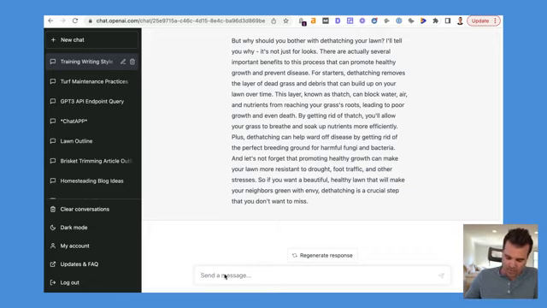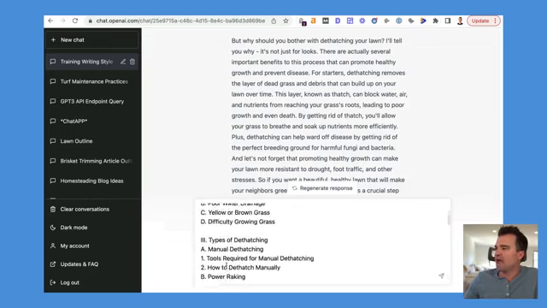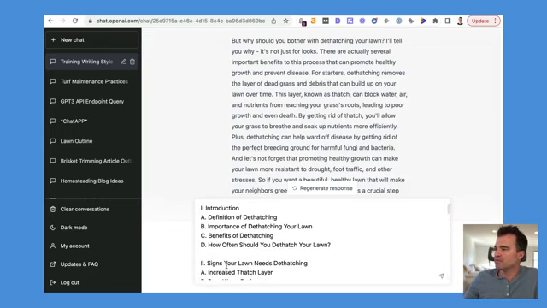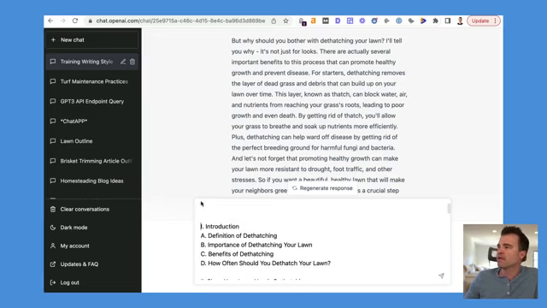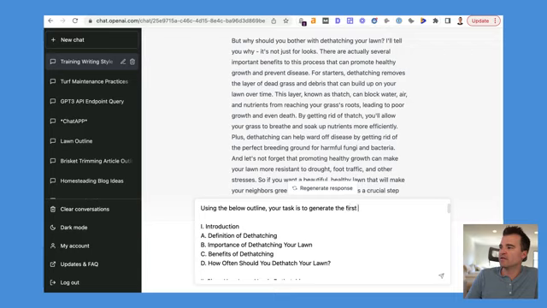So while I have it on my clipboard, that's the outline, just so we have it. Look how in-depth that was, right? All right, so it is dethatching. I'm going to keep this down here, and I'm going to say, all right, using the below outline, your task is to generate the first section.